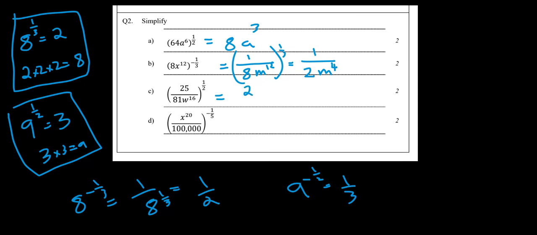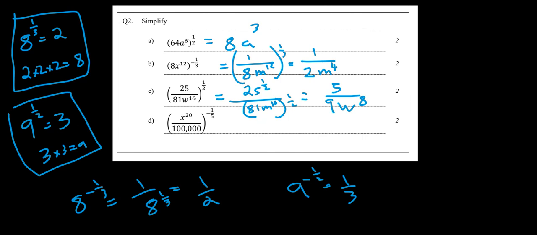So we distribute the half power. Square root of 81, or 81 to the half, is 9. w to the 8.